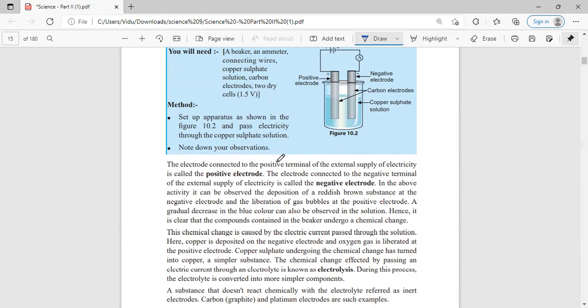The electrode connected to the positive terminal of the external supply of electricity is called the positive electrode, as I told you. And also the electrode connected to the negative terminal of the external supply of electricity is called the negative electrode.